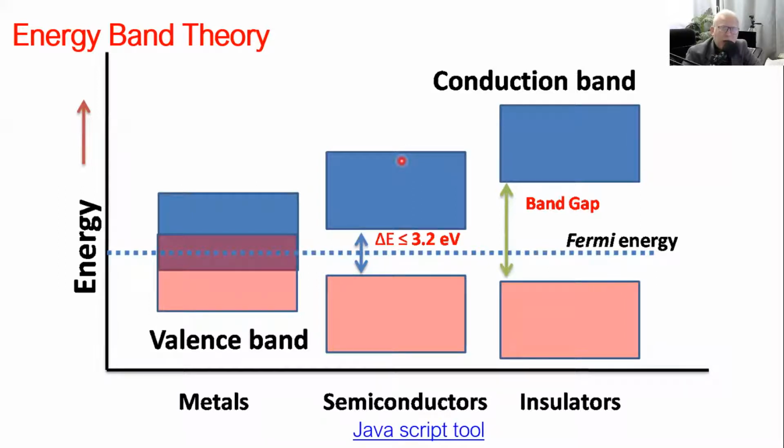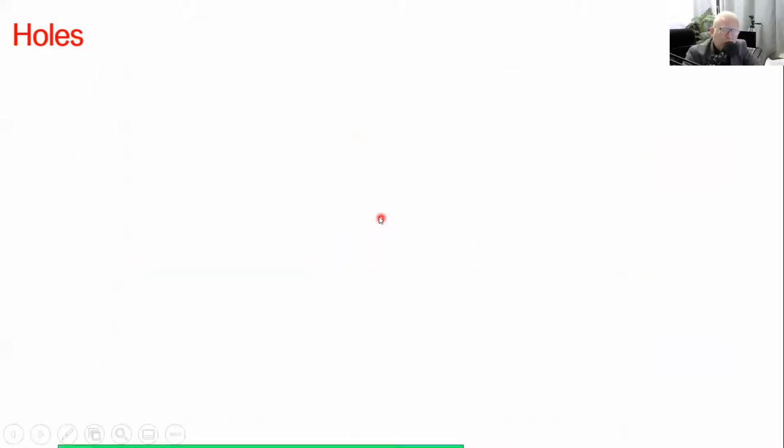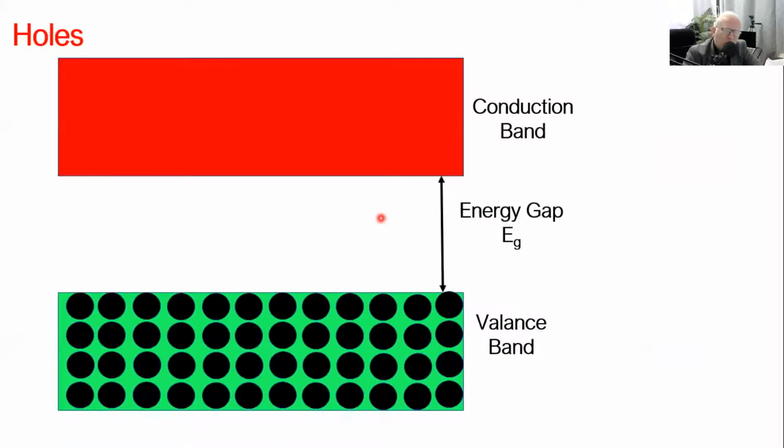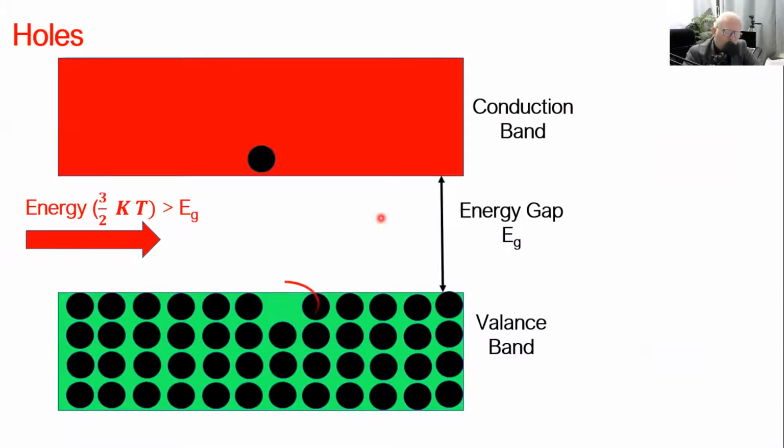We have two important energy bands: the valency band, which is a partially filled energy band, and the conduction band, which is a totally empty energy band. The definition of free electrons is limited to the conduction band. We also define what's called a hole, a broken bond, and the hole can exist only in the valency band.